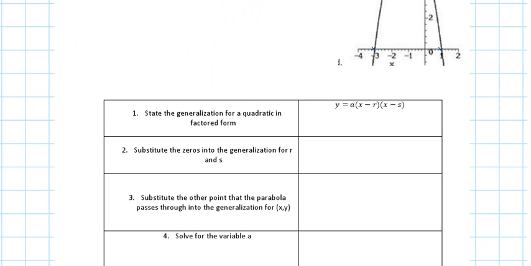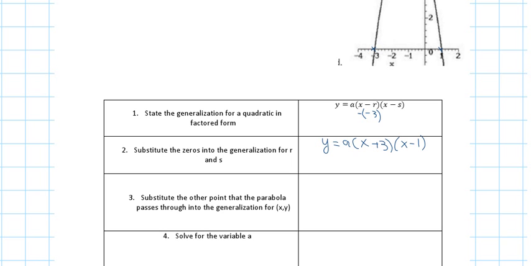What happens when I plug in -3? It becomes +3, right? Because minus a negative makes it a positive. How about for the 1? It's x minus 1. And we know that because the zeros are going to be -3 and 1, right?